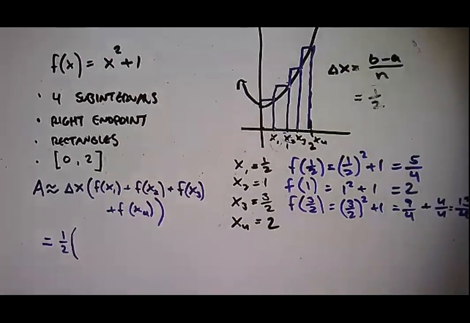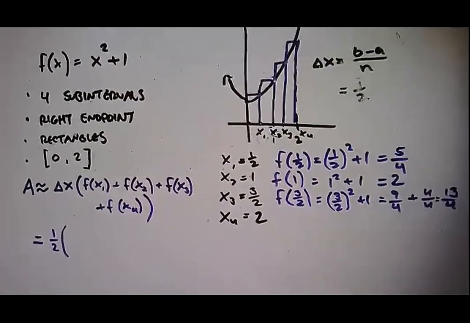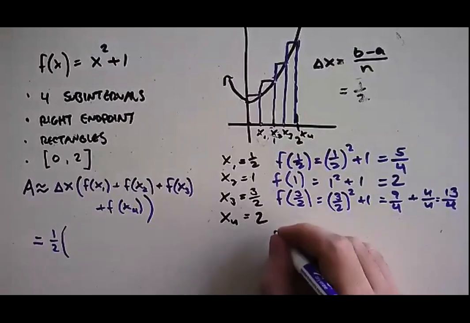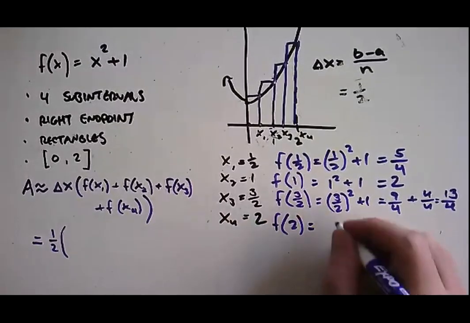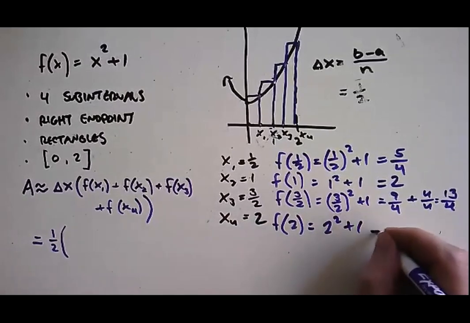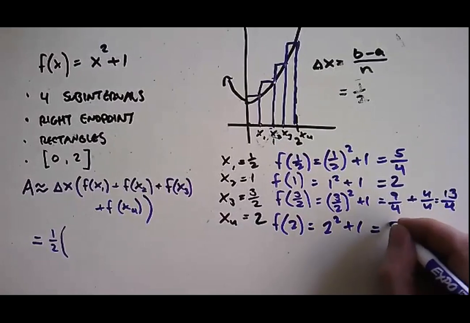Sorry, I'm going to slide this up a little. There we go. Okay, so f of x4, that's f of 2, is 2 squared plus 1, so 5.